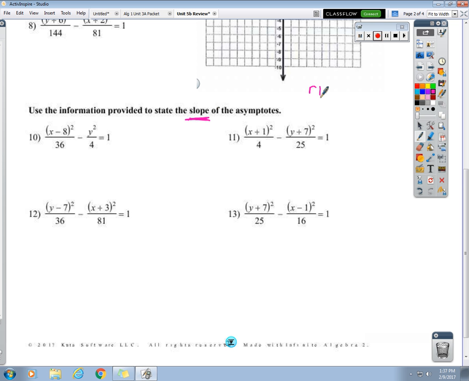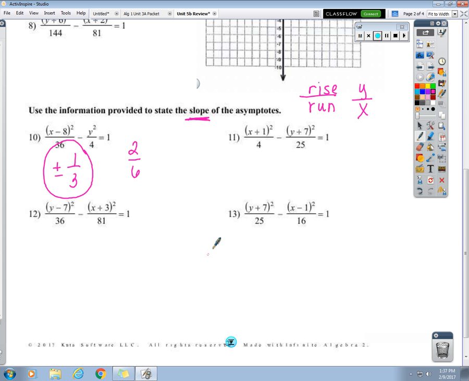We all know that slope is rise over run, and you rise up and down like the y-axis. We run left and right like the x-axis. So you just have to look under your y and look under your x. Under your y was originally what number? 2. Under your x was originally what number? 6, but that will reduce to 1/3, and then plus or minus because you have a positive asymptote line and a negative one.